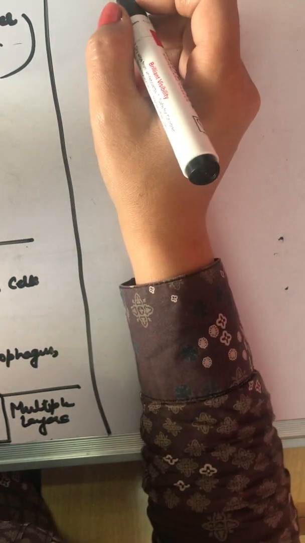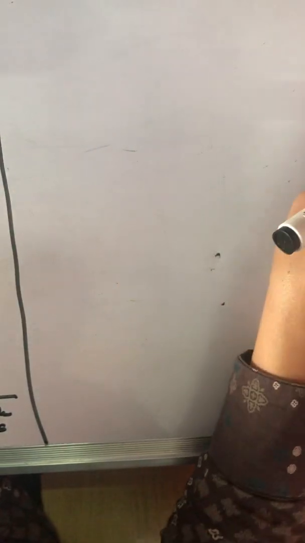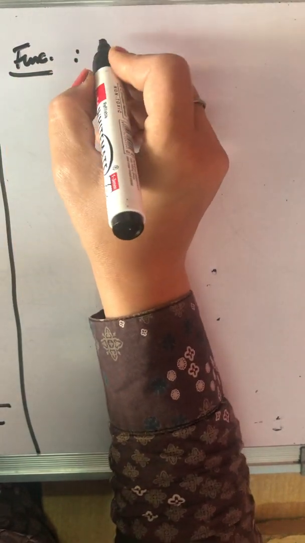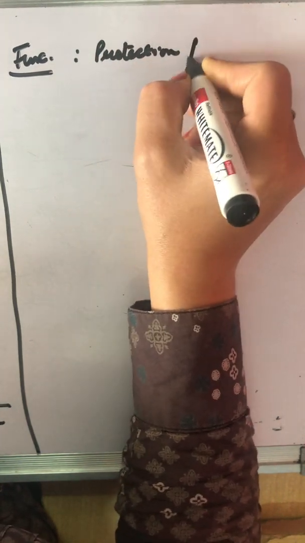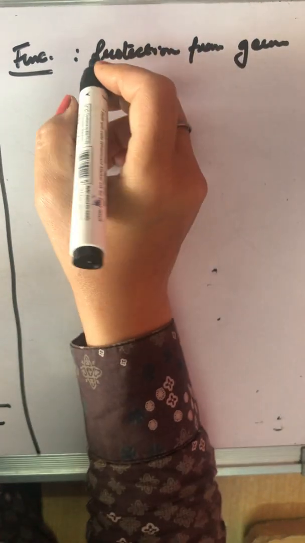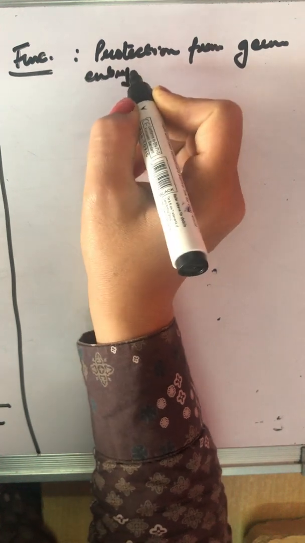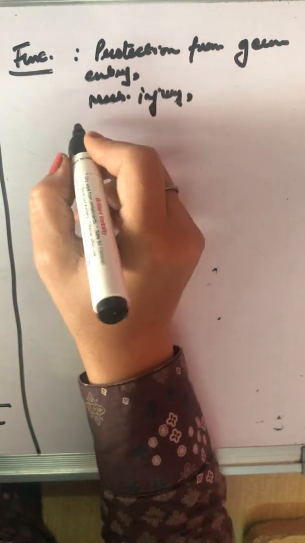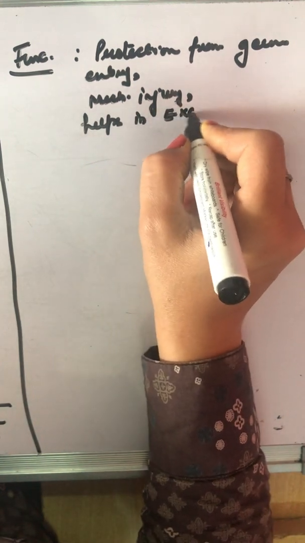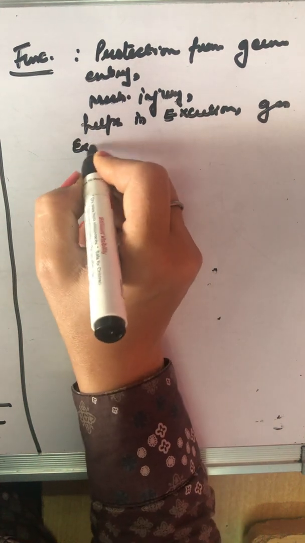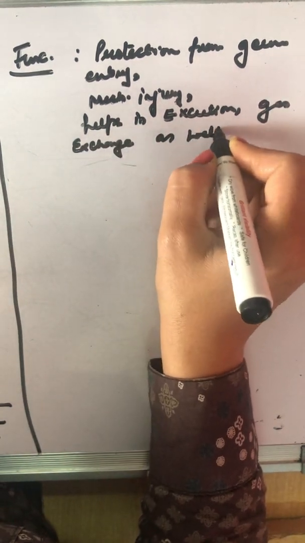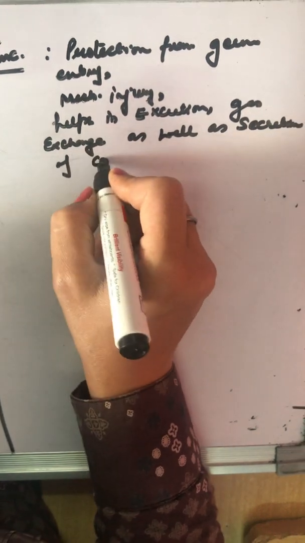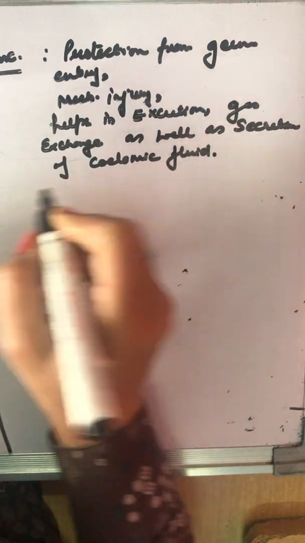When it is acting as a single layer, it is mainly meant to perform the following functions: protection from germ entry, then from mechanical injury, helps in excretion, gas exchange, as well as secretion of coelomic fluid.